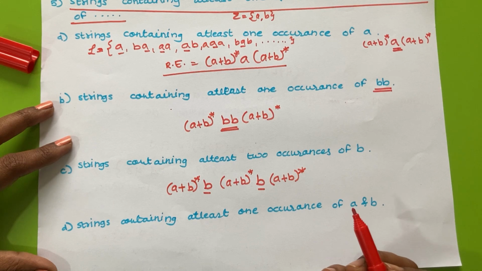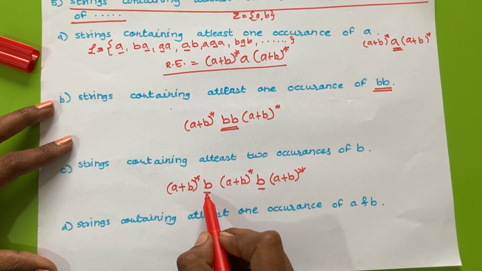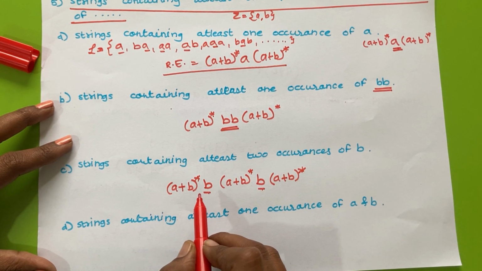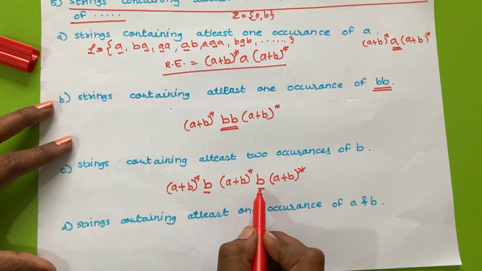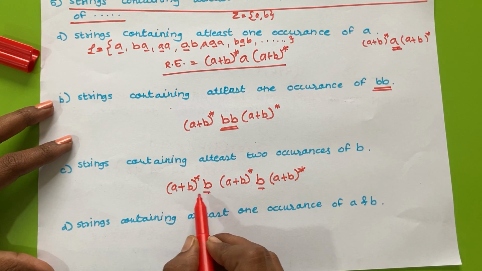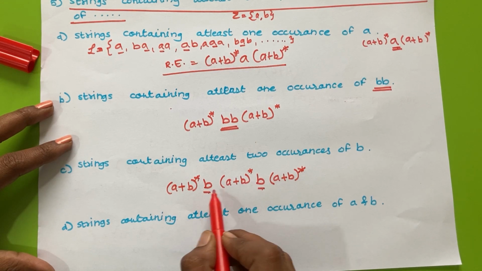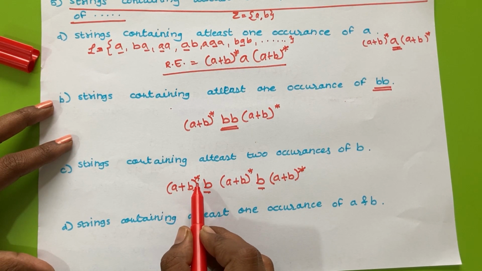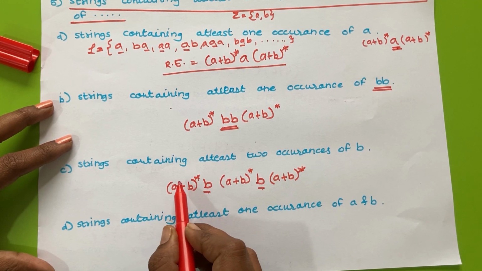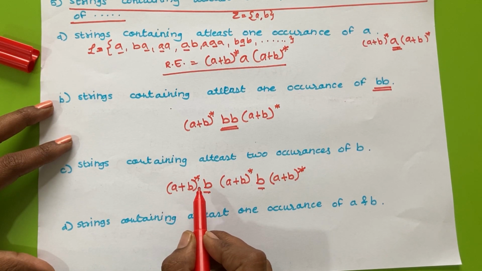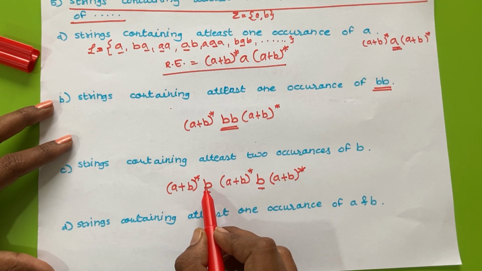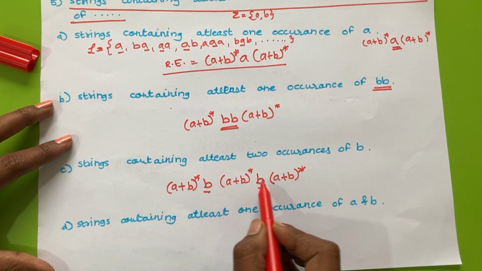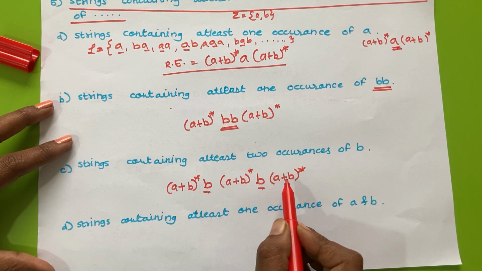These two b's are compulsory and the position of the b's has not been provided, so I have taken all the possible positions of these b's by concatenating (a+b)*. This includes all possible combinations of a and b before this b, after this b, before the other b, as well as after it.